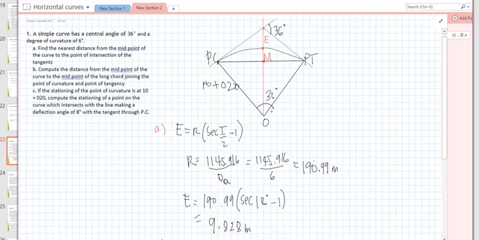So let's say point on the curve. So this is 8 degrees. Ang compute is the stationing of this point.